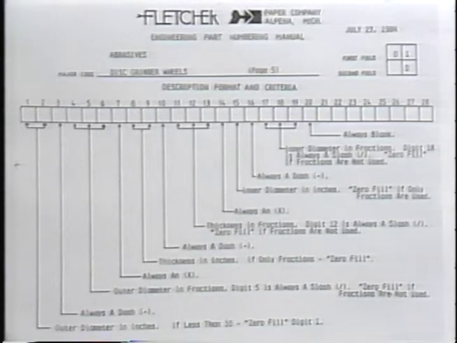Going on to page number 6 in the book, we have the disc grinding wheels. And of course, we have the same application for the disc grinding wheels, going from the high order of description to the low order of description. And you will notice the succinctness in terms of the dimensions.